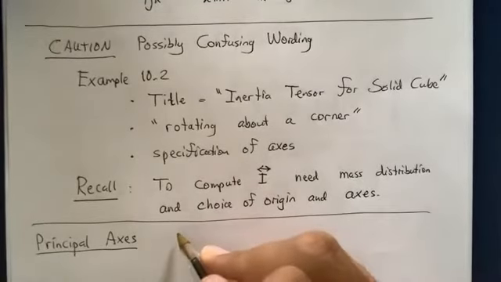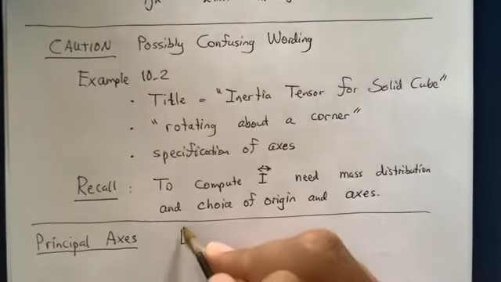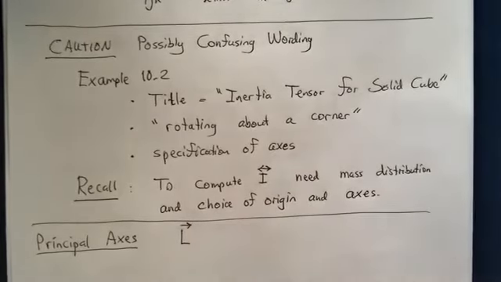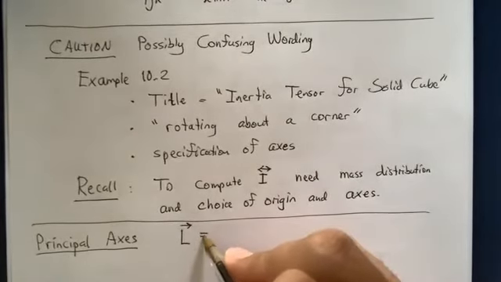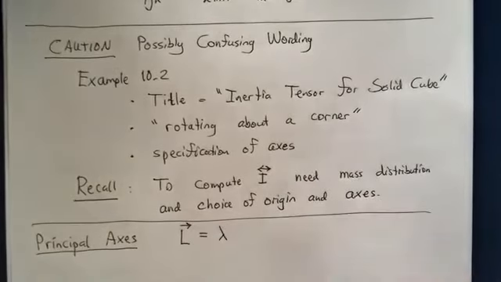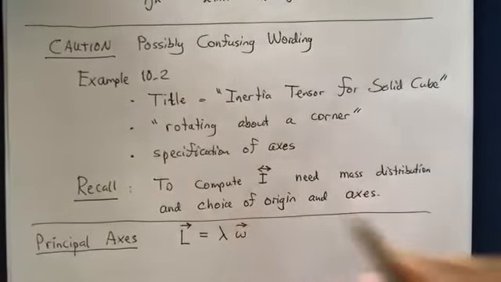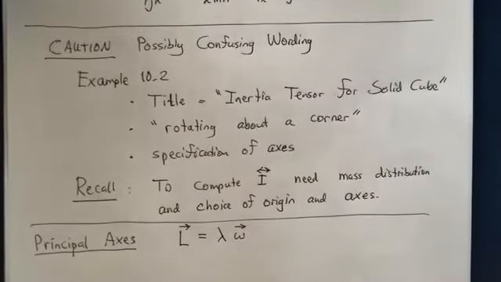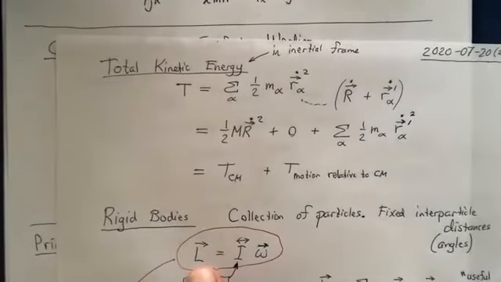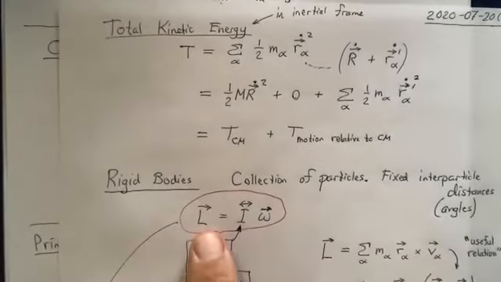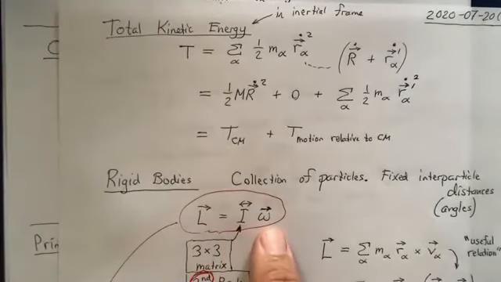So for a principal axis, the angular momentum is a number, this lambda, times omega. That of course is a very special state of affairs. We know the general situation: in general, the angular momentum is a matrix times the angular velocity.